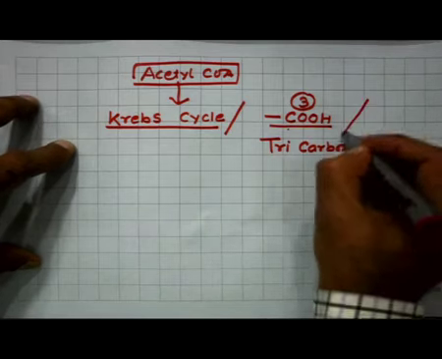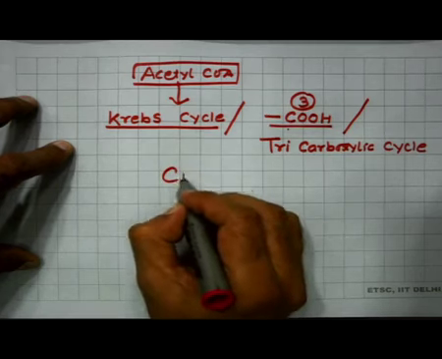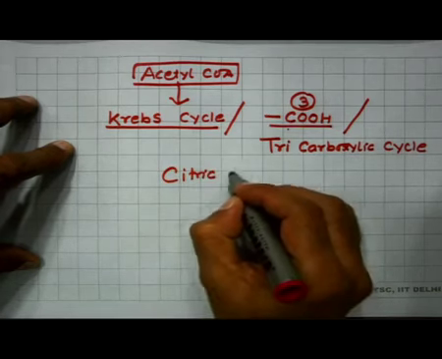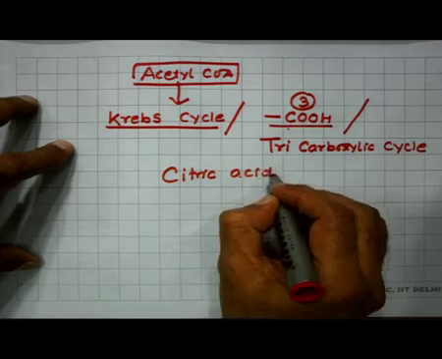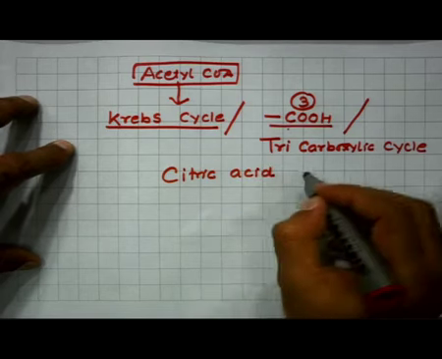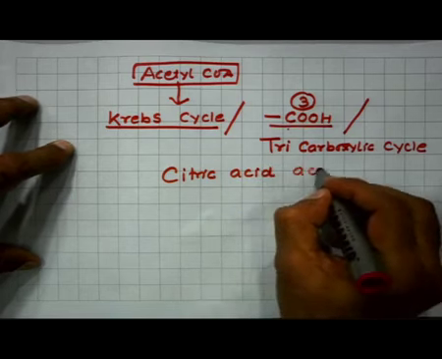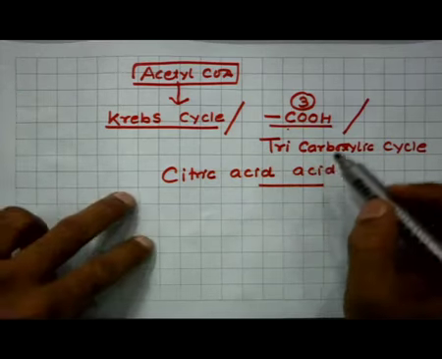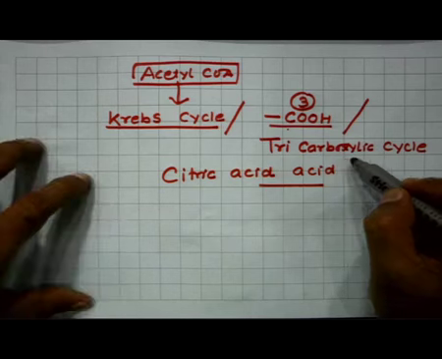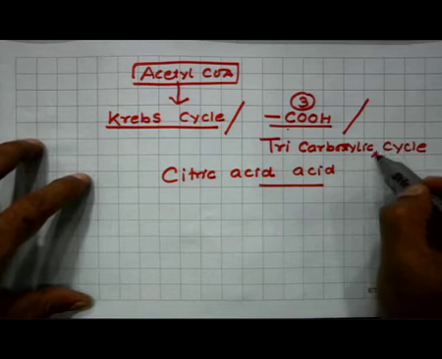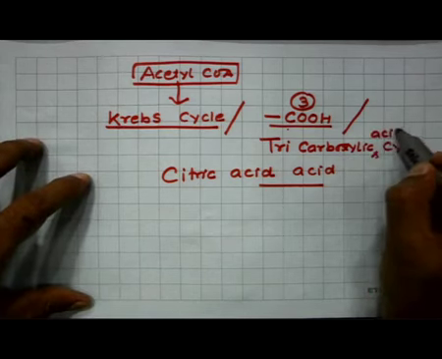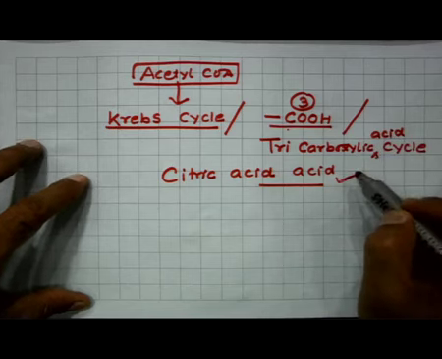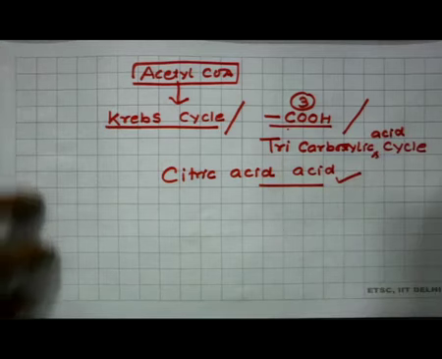The product is called citric acid, so this cycle is also called the citric acid cycle. So, the Krebs cycle is also named the tricarboxylic acid cycle, citric acid cycle and Krebs cycle.